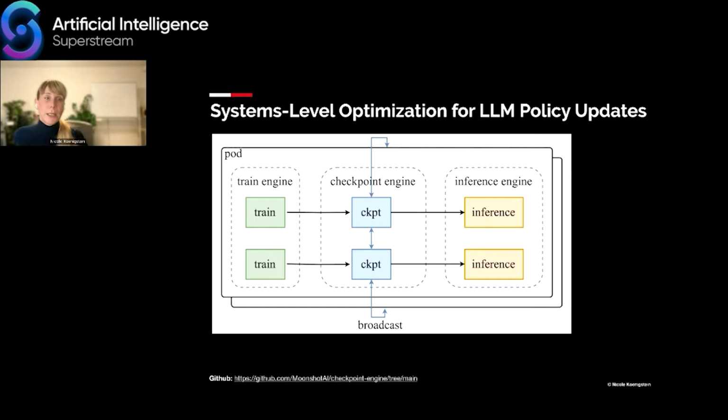Now, if you're training your models with reinforcement learning, there's also something you might want to think about in improving the overall spend on that. And that's where system-level optimization for your LLM policy updates comes in. This is also a very recently released framework from Moonshot AI, and Moonshot AI are the authors of Kimi K2 and other multimodal models, recently published with fairly good accuracy and performance.